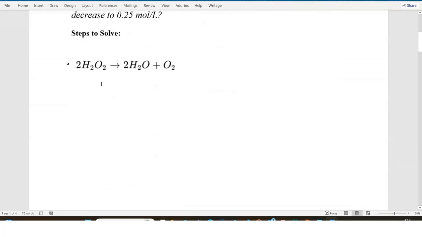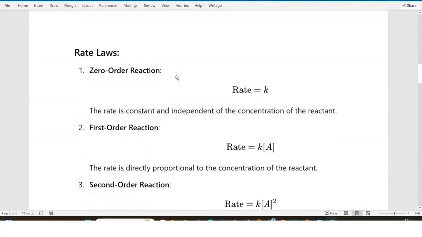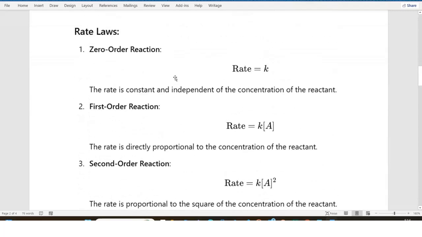So we start with the chemical equation, which is hydrogen peroxide decomposing into water and oxygen. Then the rate laws that we are going to be considering, obviously, this is just a discussion of all the rate laws, but we are supposed to be using second order.